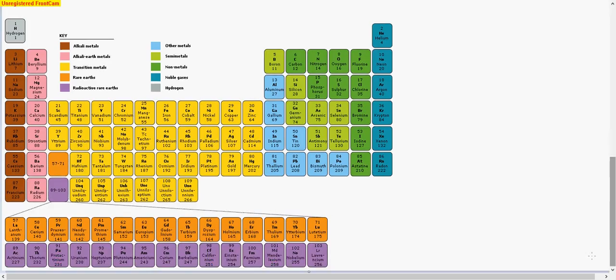What is the AMU of Hg? Okay, here's Hg. 202. That is the atomic mass of mercury.